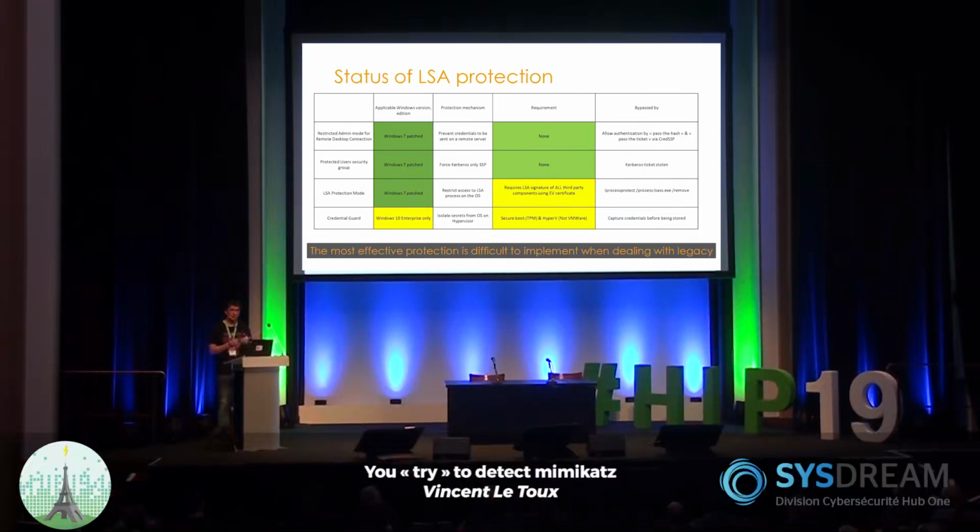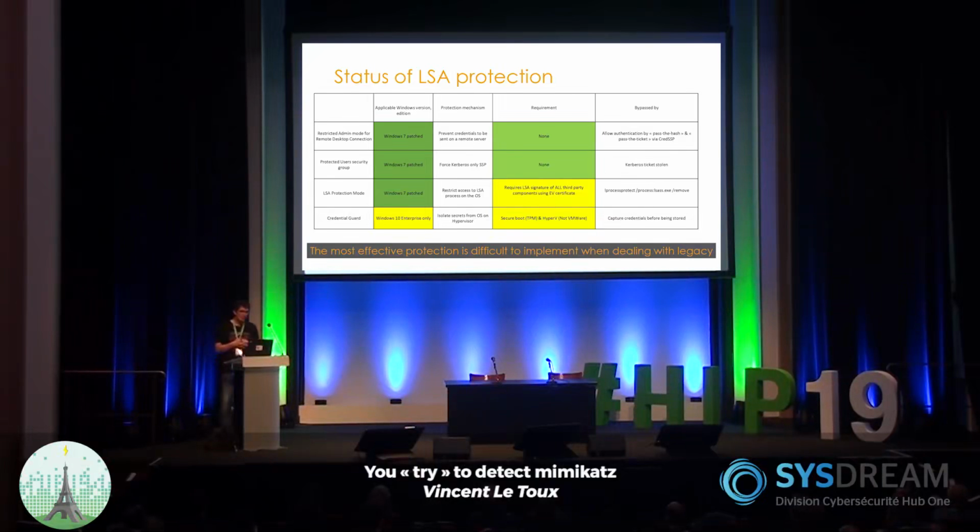So you patch it and you can use it. Except for Credential Guard, which requires Windows 10 Enterprise. Why do you need the Enterprise version? And on the right, the color depends on your functional requirements and the difficulty to apply it on the field.